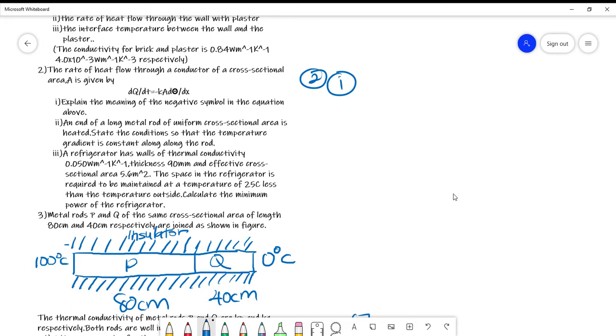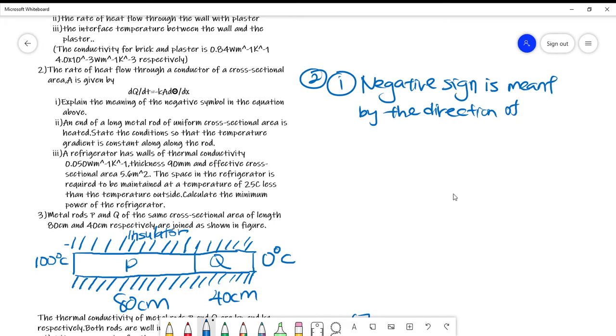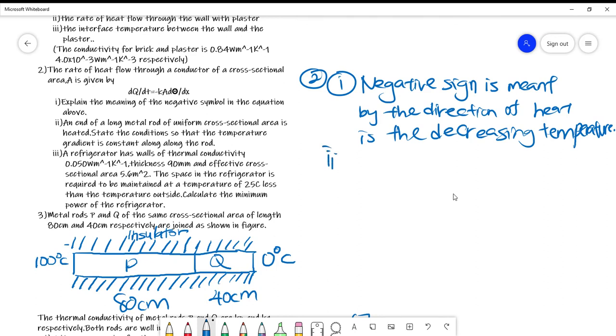Okay, so the negative sign, as we discussed, actually means the direction of heat flow is in the decreasing temperature. So as I said, the heat flow is actually from the hotter region to the colder region. So this is the main concept.